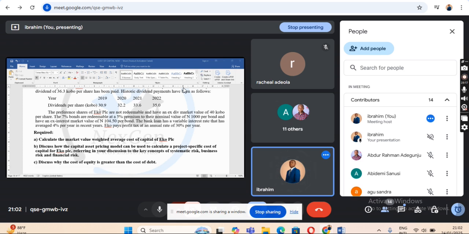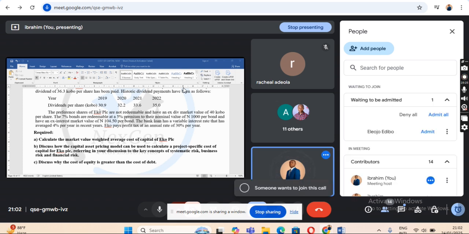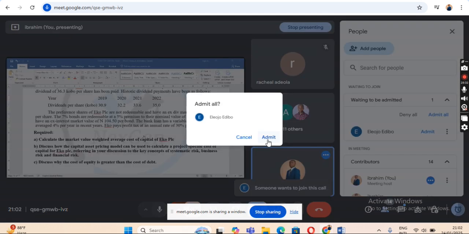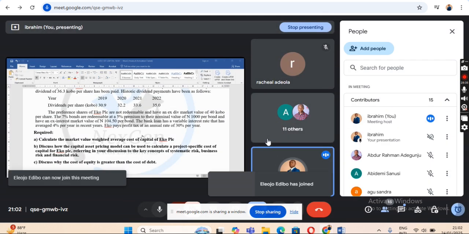Class, the 7% is the interest rate, and the bonds are redeemable, which is the redemption, at a 5% premium to their nominal value of 1,000.